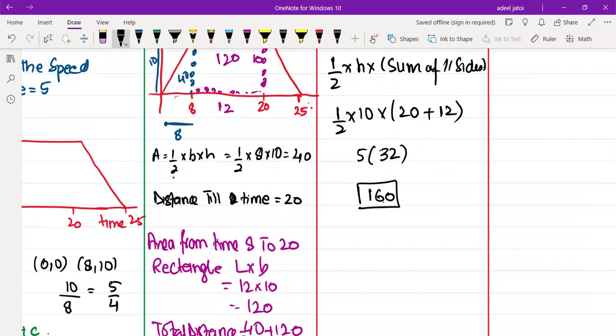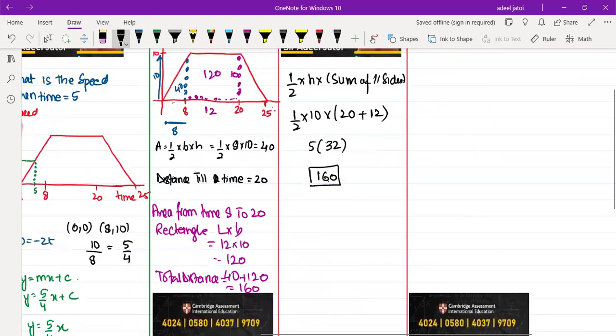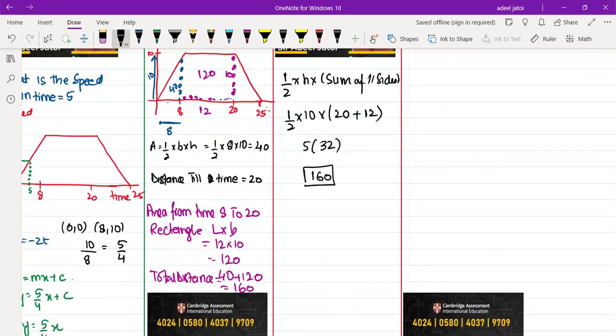The distance that we need to calculate through 20 and 25. So in this distance from 20 to 25, that means half into 5 into 10, using the triangle, right?